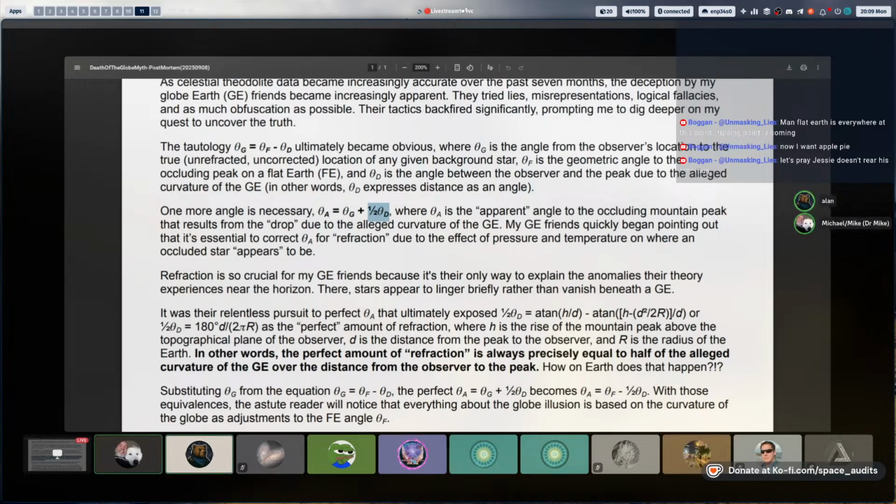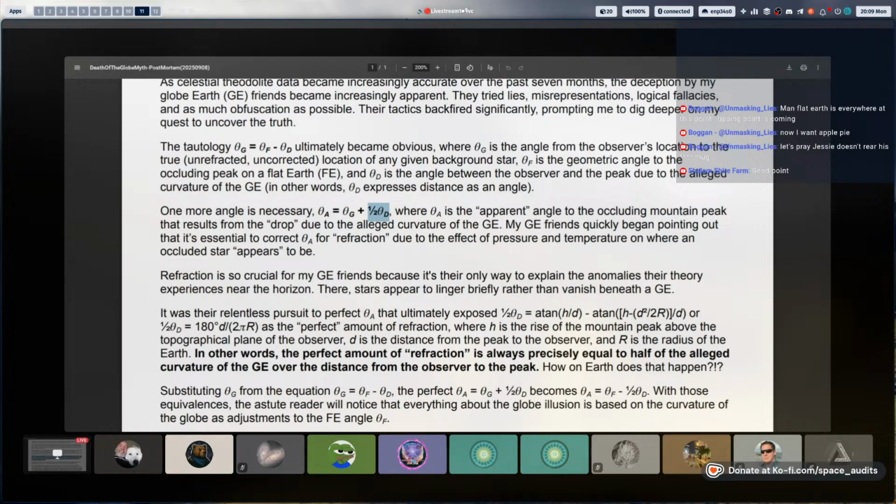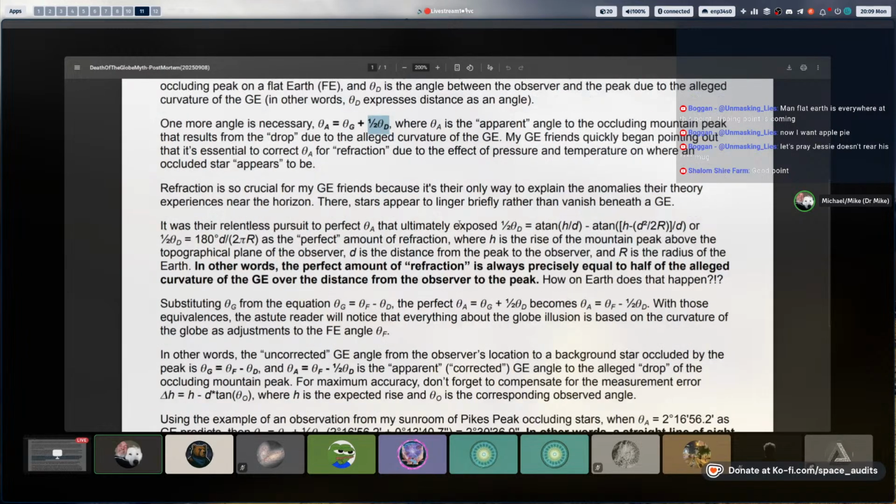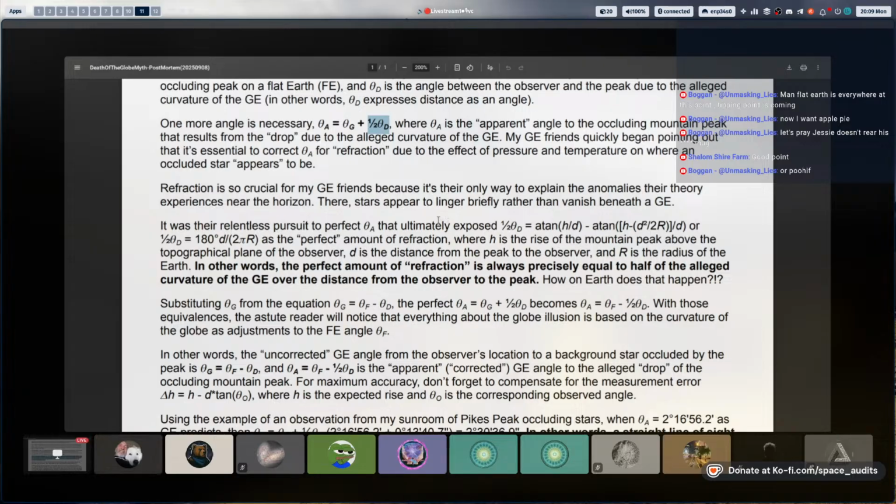The celestial refraction is really just half the distance angle. No matter how they try to dress it up, that's all it is. It's because of all our talk about the celestial refraction that I dug deeper and deeper to figure out what's going on.